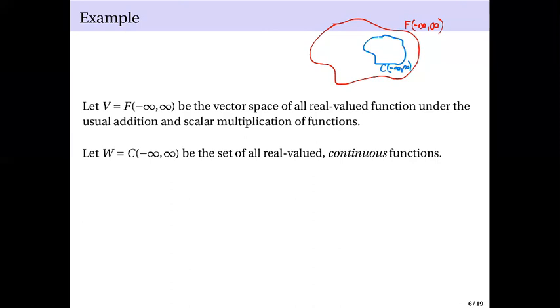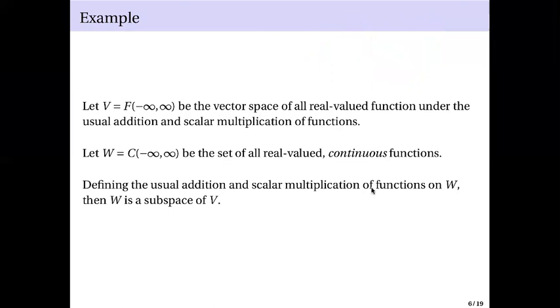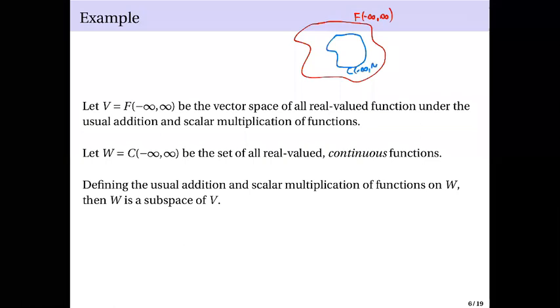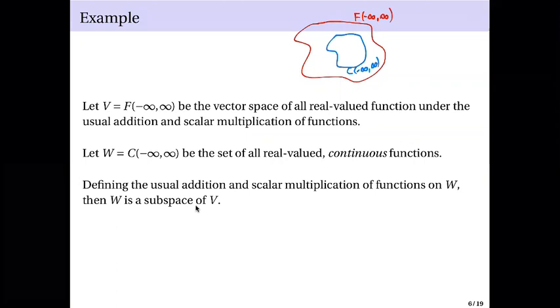So if we define the usual addition and scalar multiplication of functions on W, you have the vector space F of negative infinity to plus infinity, and then you look at your W to be the space of continuous functions on R. Then this W will be a subspace of V. And for the proof of this, we will need your calculus 1. We only need to prove two statements.